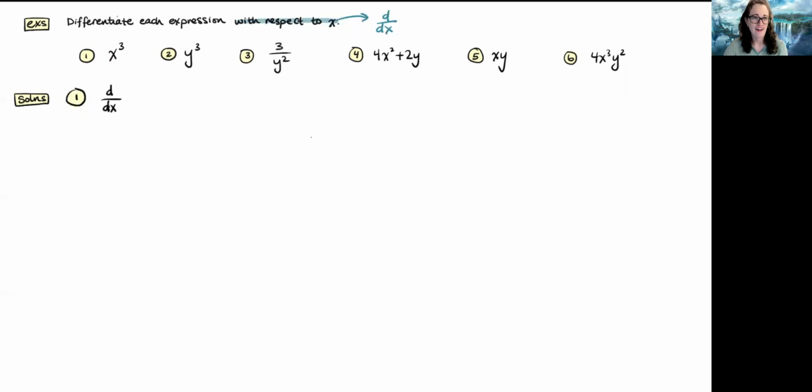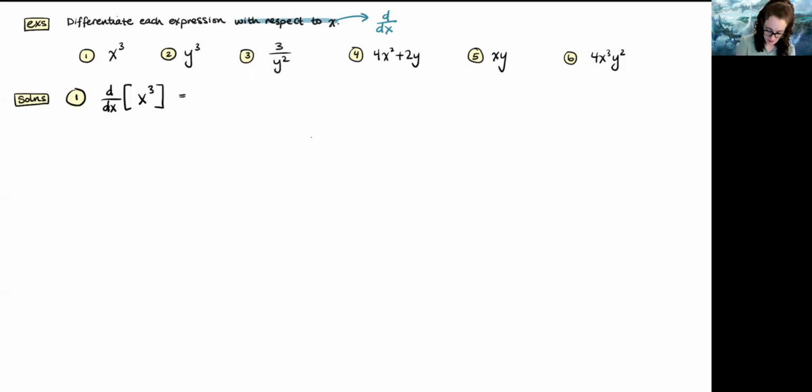There we go. So d dx of x cubed. We haven't really had to pay too much attention to this until now. That's okay though. Now that we have all of our rules under our belt and we're comfortable with them, we can add something a little bit extra.